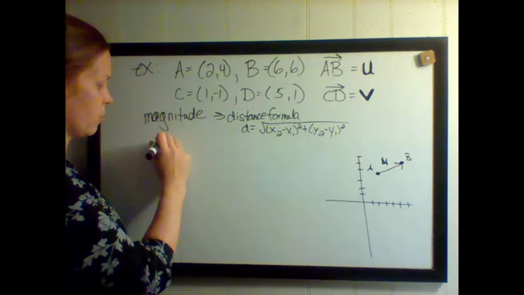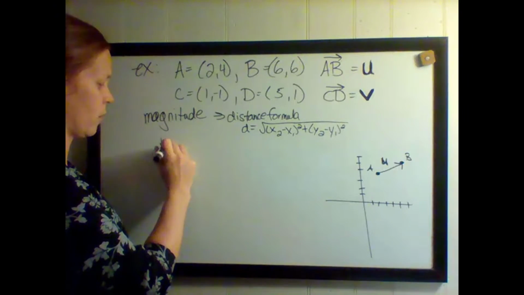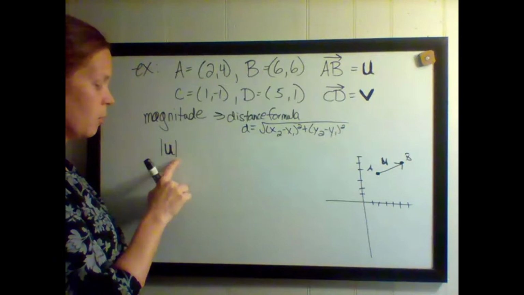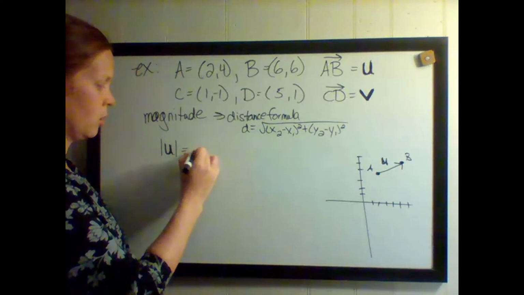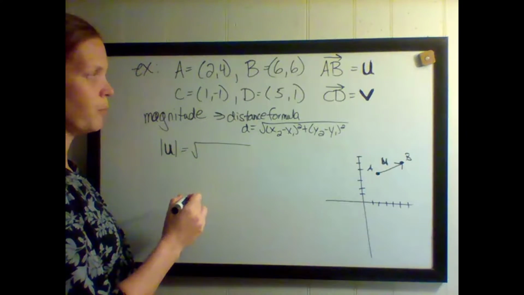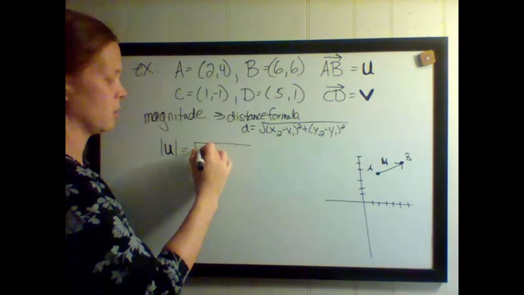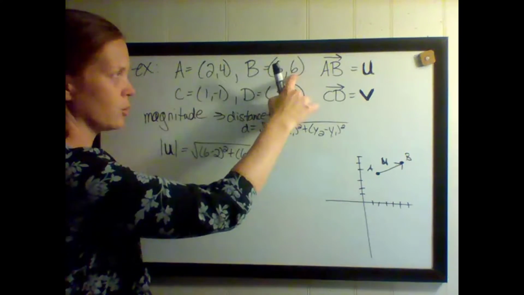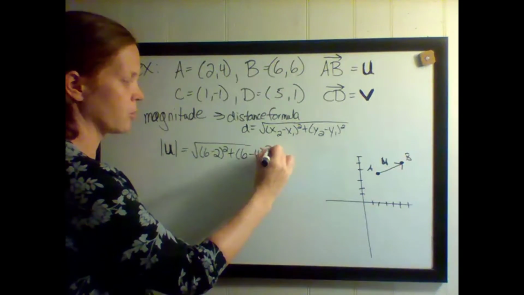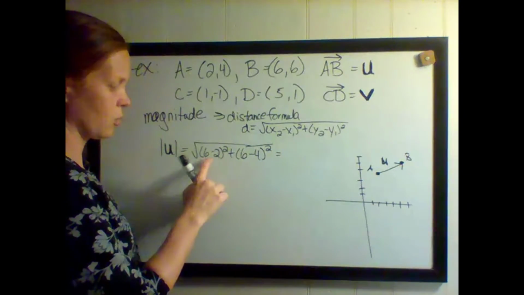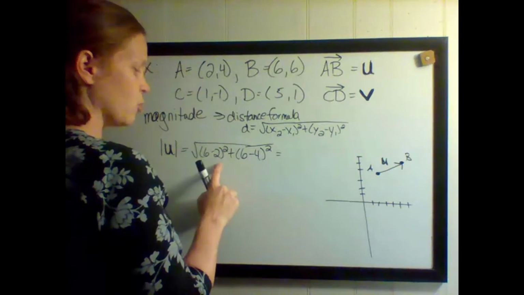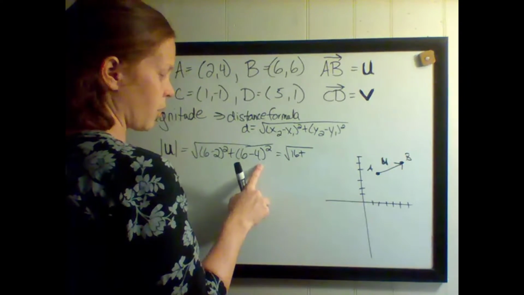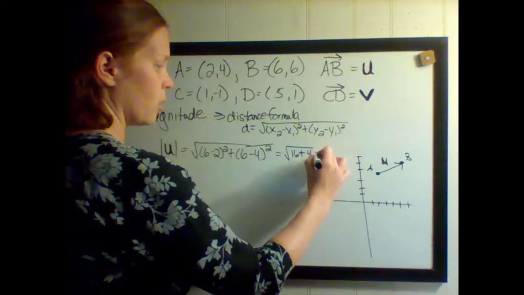So there's vector U, bolded. I can denote the magnitude with an absolute value symbol around the bolded U. It looks like absolute value, but it really means the magnitude of vector U. Let's do the distance formula: (6 minus 2) squared plus (6 minus 4) squared. 6 minus 2 is 4, squared is 16, plus 6 minus 4 is 2, squared is 4.